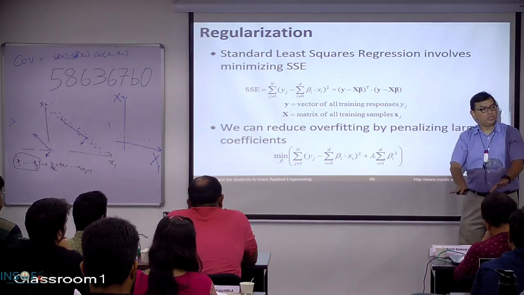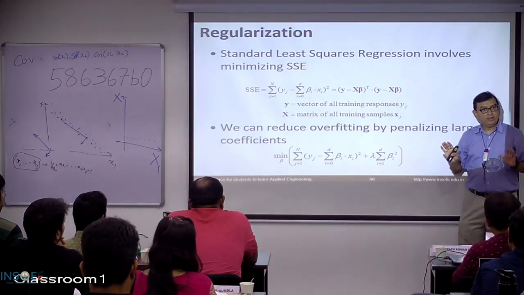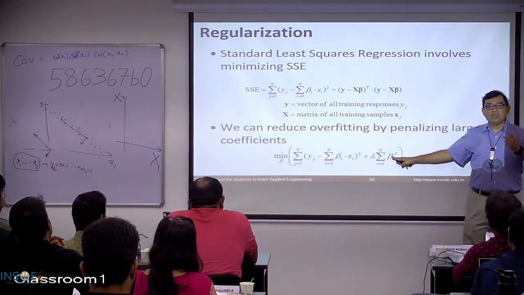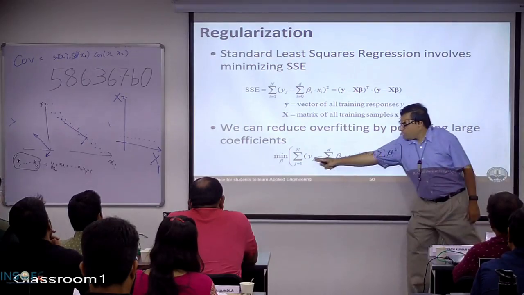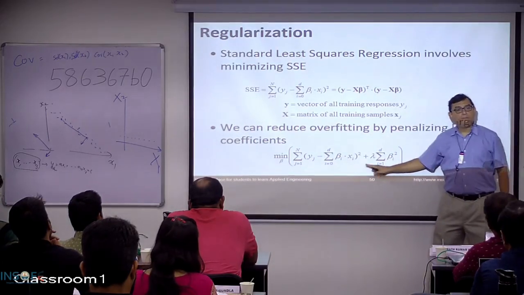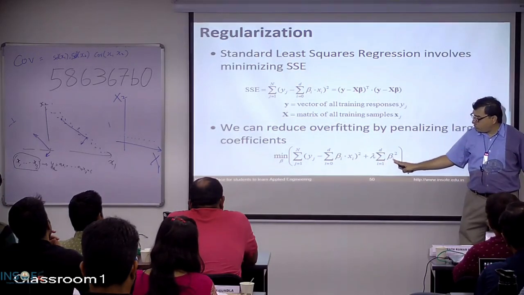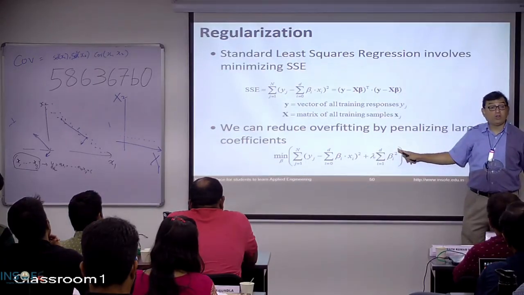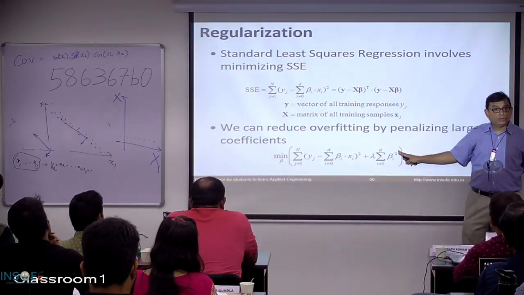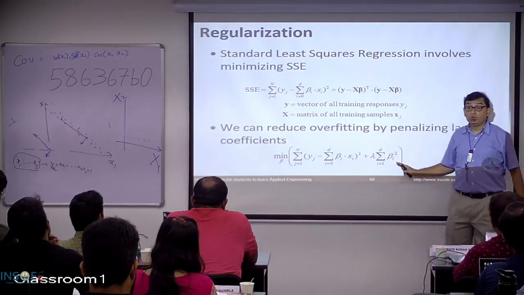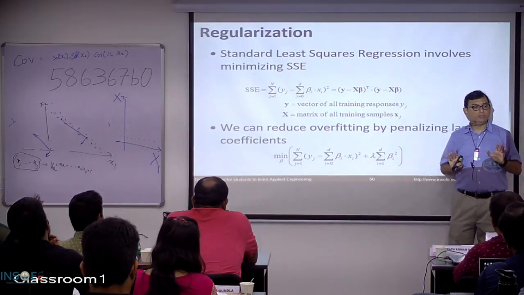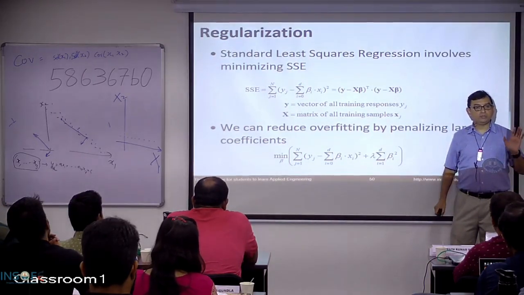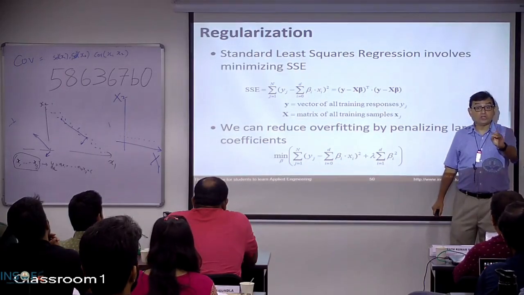I want to set them to 0 if possible, right? So the way I say it is, I say take this error plus the summation of the squares of all the beta values. This combination together I want to be as small as possible. That's what I'm saying. Okay, that's a new condition I'm going to give.